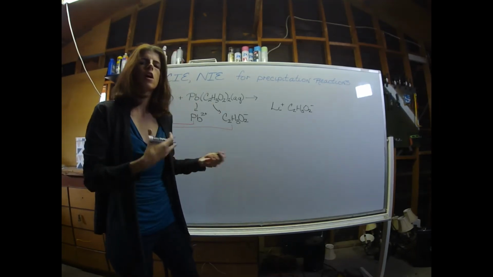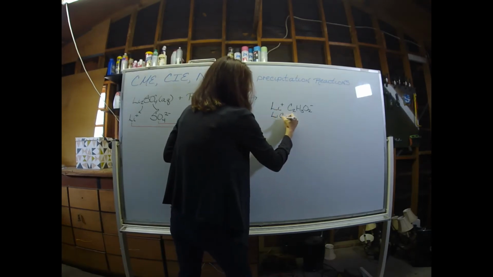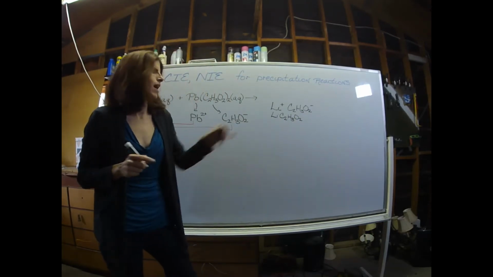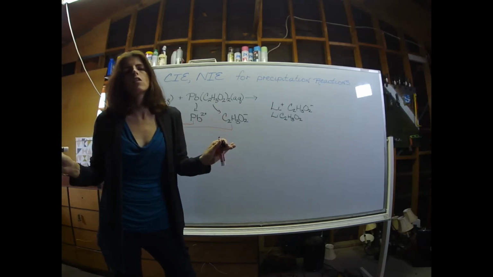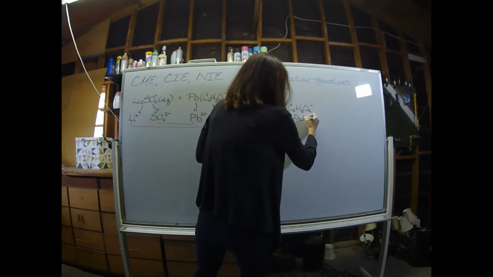That means that they're going to combine in a 1-to-1 ratio. The other thing I'm noticing is that both of these ions, if I look at my solubility rules, we have a group 1 ion, we have acetates. Those things are always soluble, no exceptions. So because it's always soluble, I can label this as aqueous.